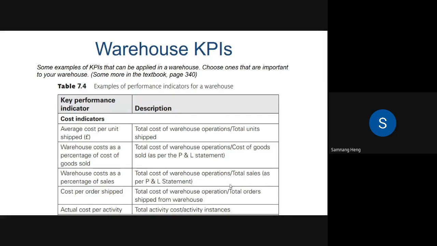It's all warehouse cost. So warehouse cost divided by total orders shipped from the warehouse, and you could find the cost per order shipped. Something like that. Actual cost per activity. It doesn't have to be the same.